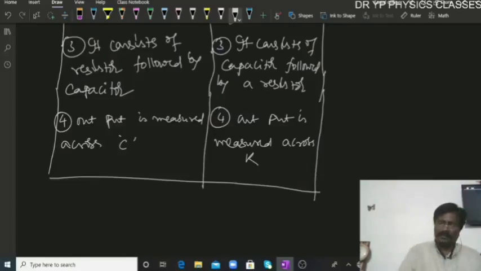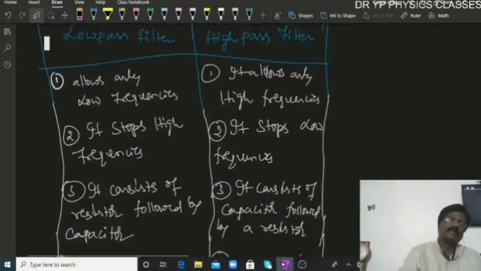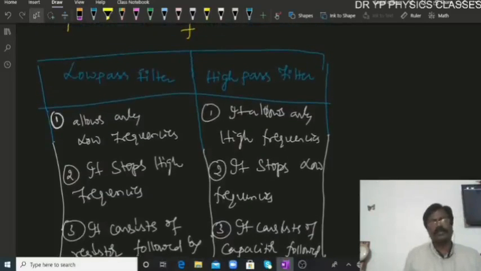So these are the major differences that I can list out here, and you have to be careful about the differences which I mentioned here. So major differences between the low pass filter and the high pass filter.